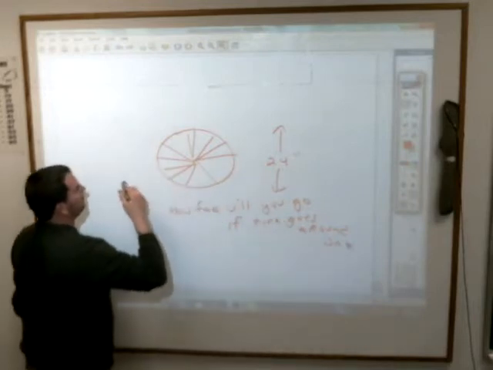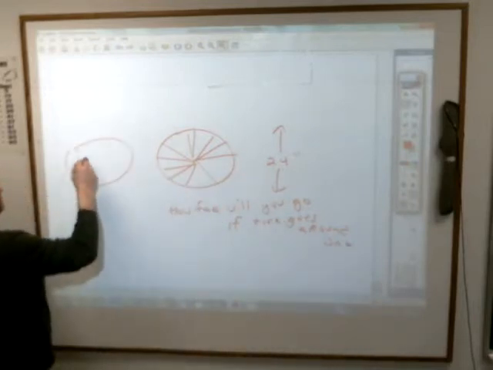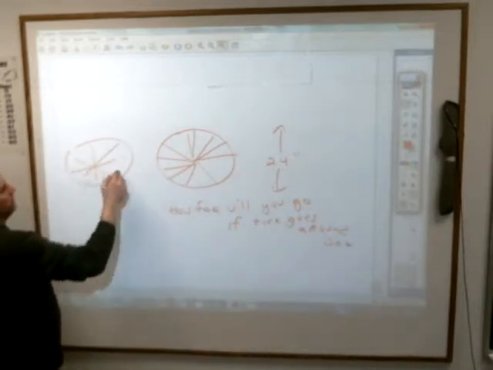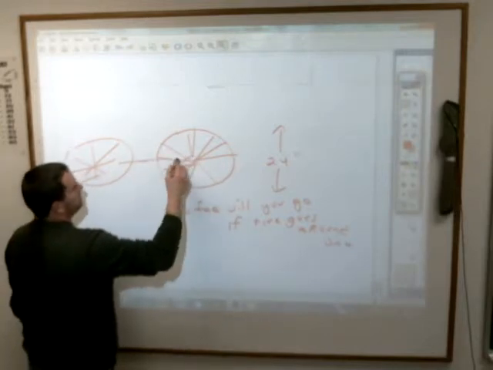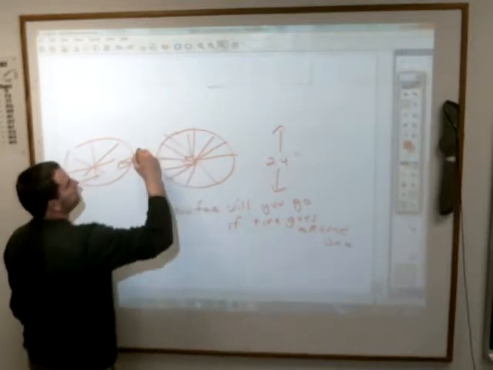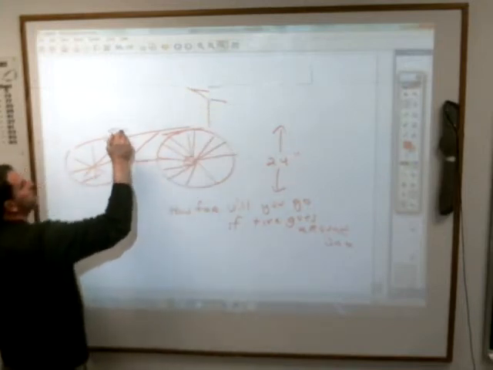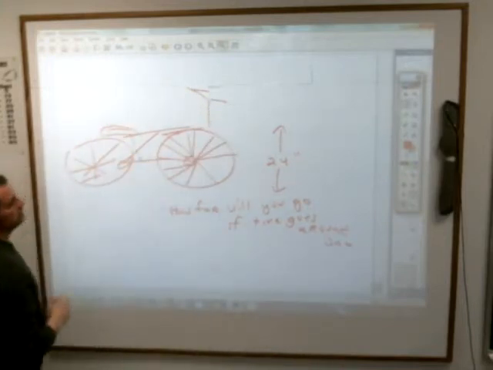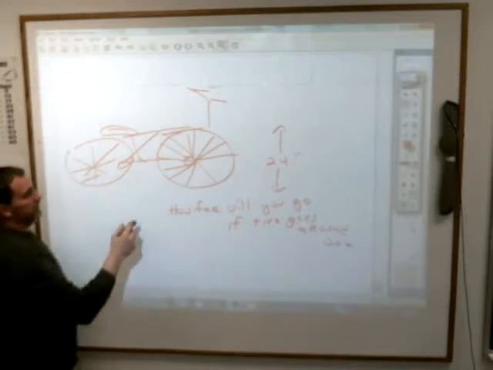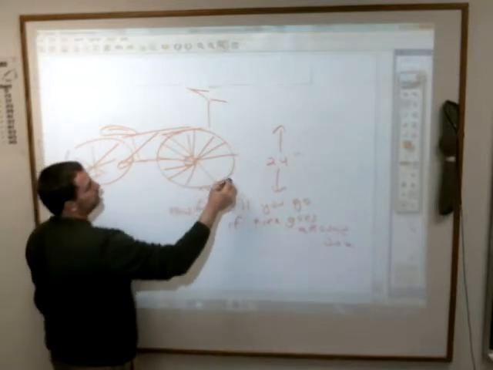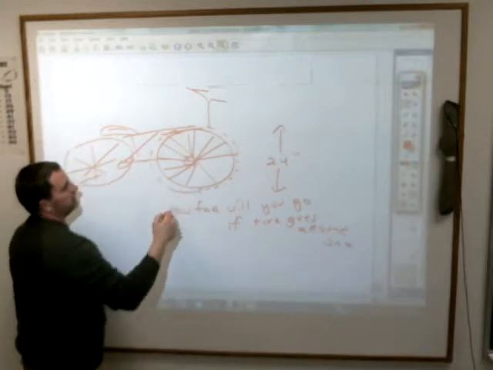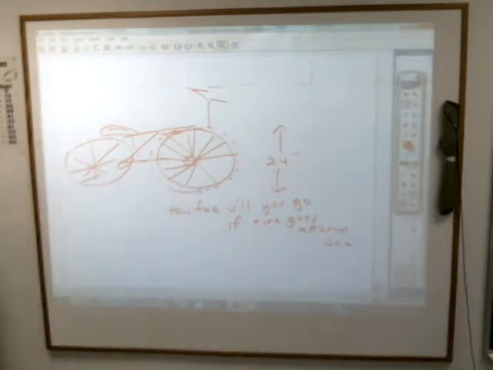In other words, on your little bicycle, oh look, here's my other tire. You're rolling down the road here. Okay, and your bike tire travels one whole revolution. How far did you travel? Your bike tire is 24 inches high. How would you figure that out?